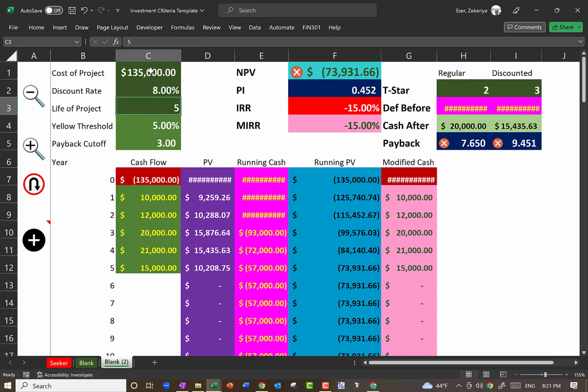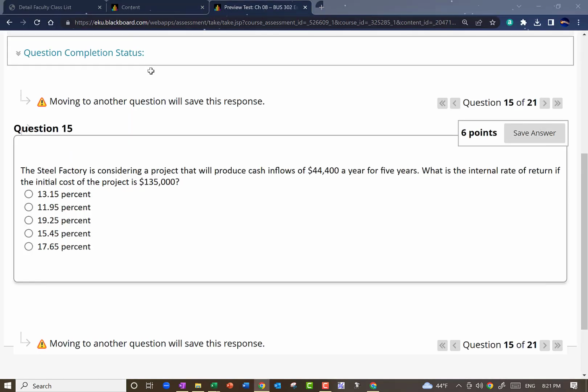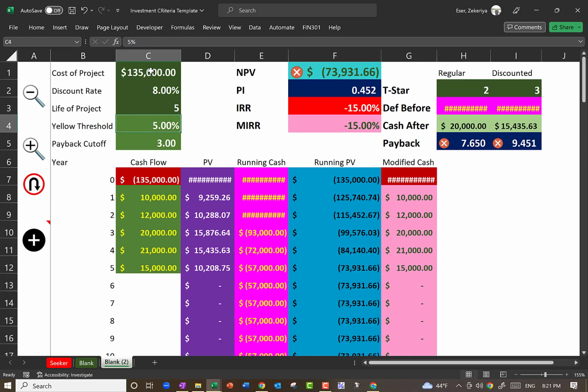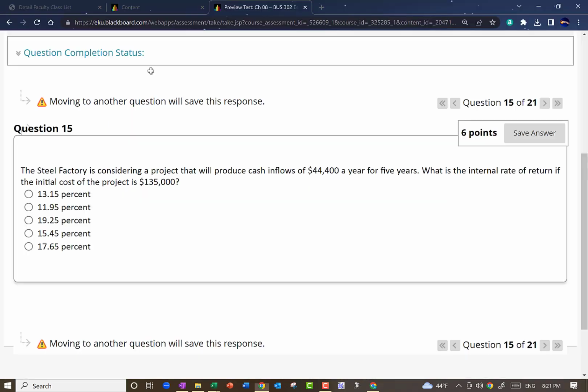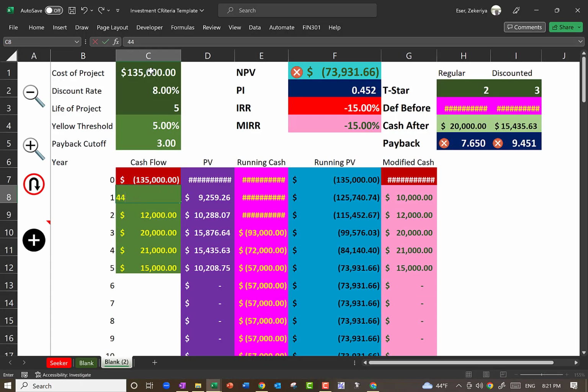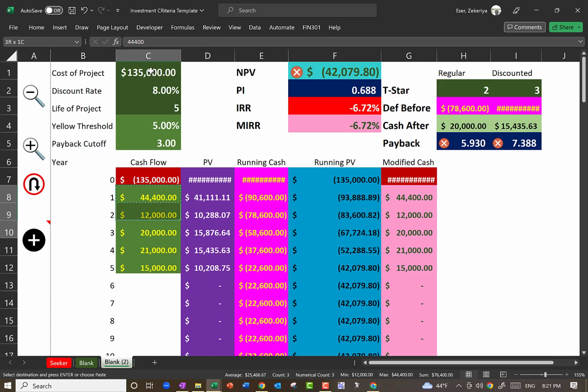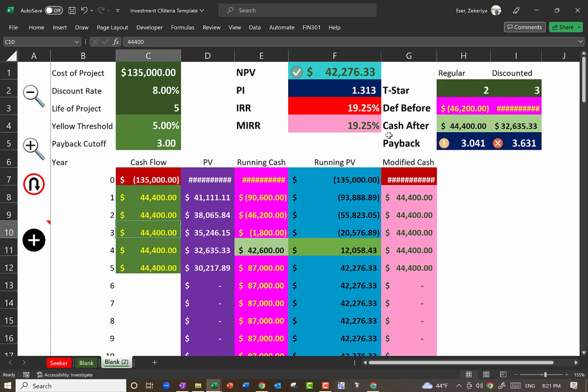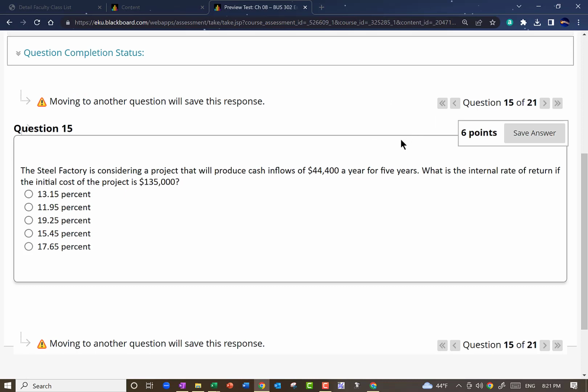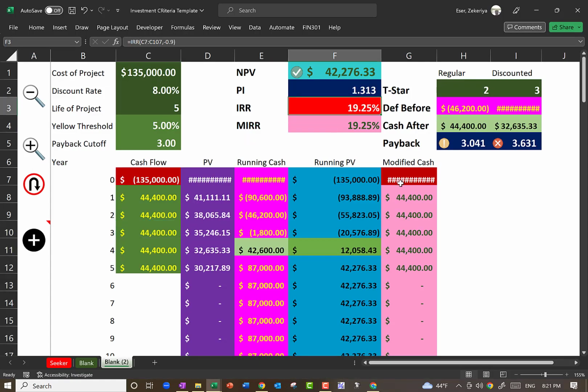Life of the project is 5 years. I'm going to leave those as such. And cash flows are the same for all of the years. Just read off the IRR. Okay? Done. That's why we do these templates.